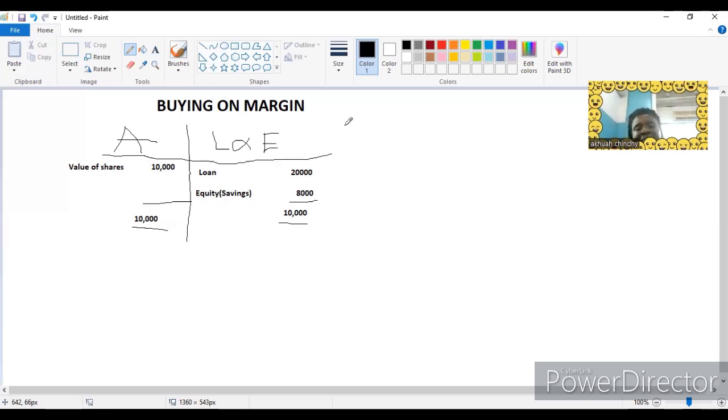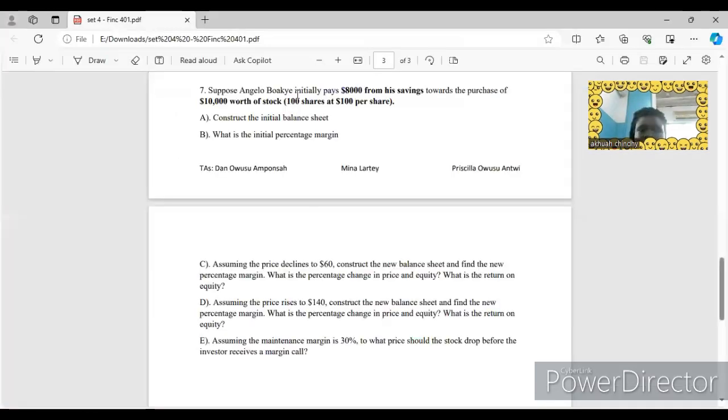That is what he has now, not the number of shares, but the value of the shares in monetary terms. Okay, so the number of shares was 100, and the price initially was 100, so the value of shares was 10,000.